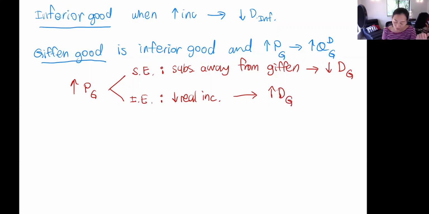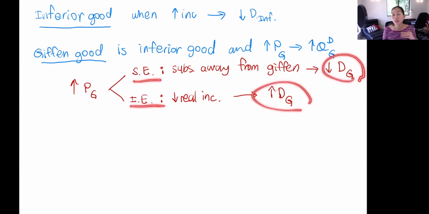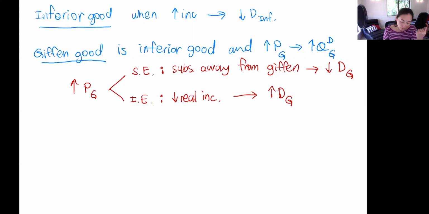As a result, you can see that these two effects, substitution and income effect, offset each other. For the Giffen good, the income effect dominates the substitution effect.